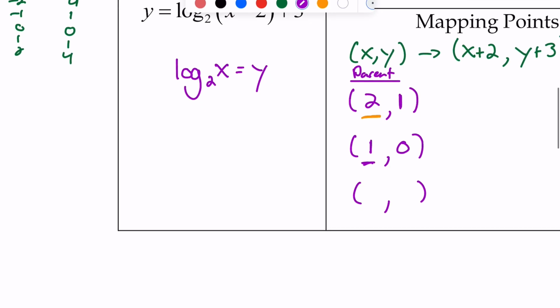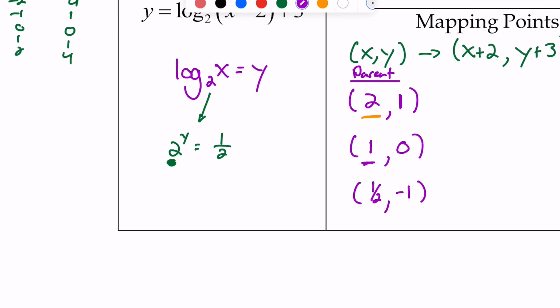So then the last point, what's another easy point to get? Well, think about the reciprocal of this base. 2 to the what gives you x? Take the reciprocal of whatever this base is. That's going to be the next easy point. So the reciprocal is 1/2. If I chose this x to be 1/2, what y would give me that?